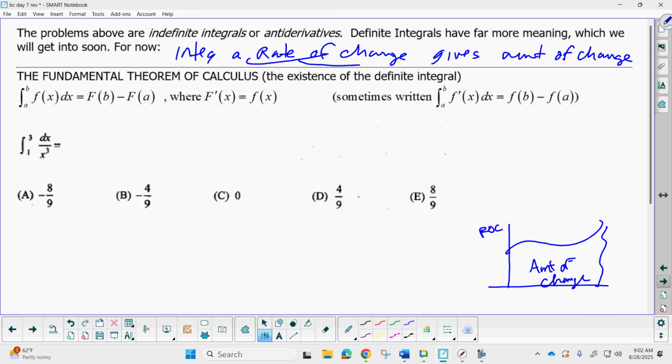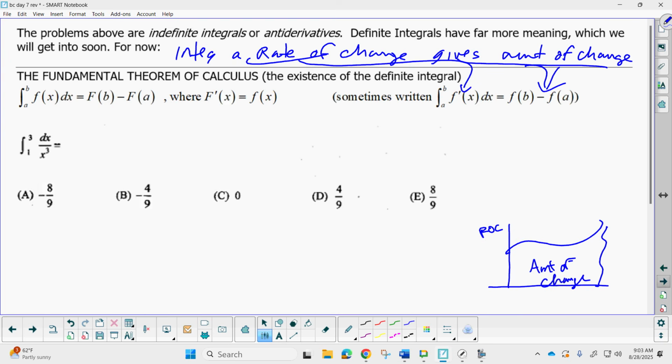This refers more to this form of the FTC. Integrating a rate of change represents amount of change. We'll do applications more next week, but for now, have that in your brain.